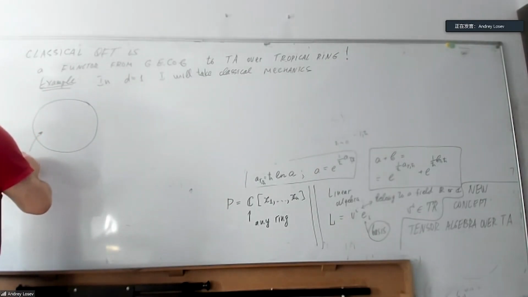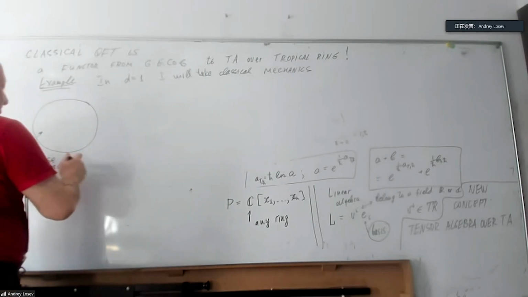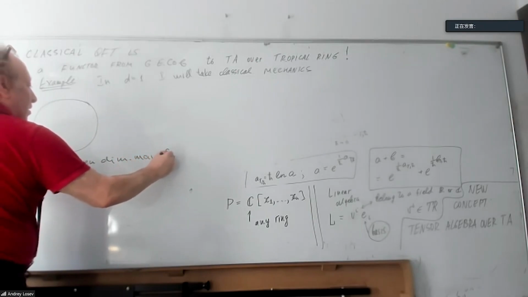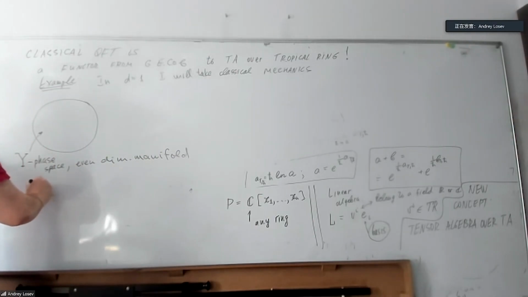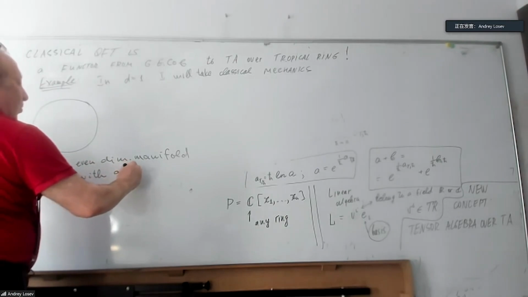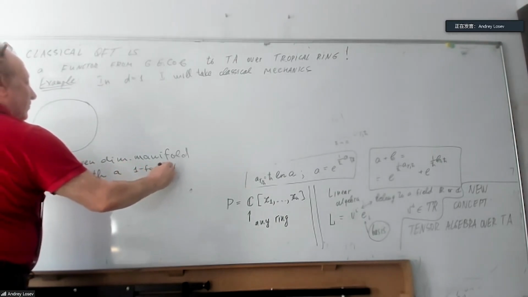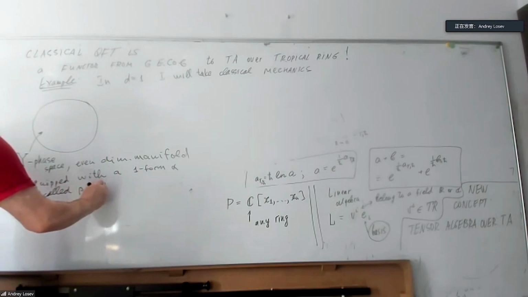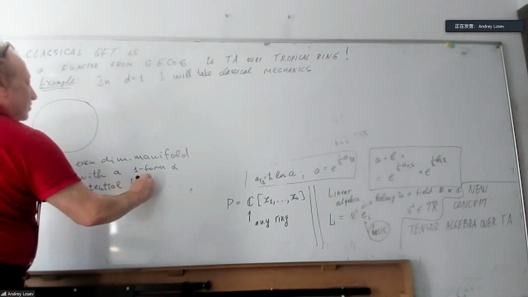The space, so people used to call it phi, but I will call it Y. It is an even dimensional manifold equipped with a 1-form alpha called potential for a symplectic form.